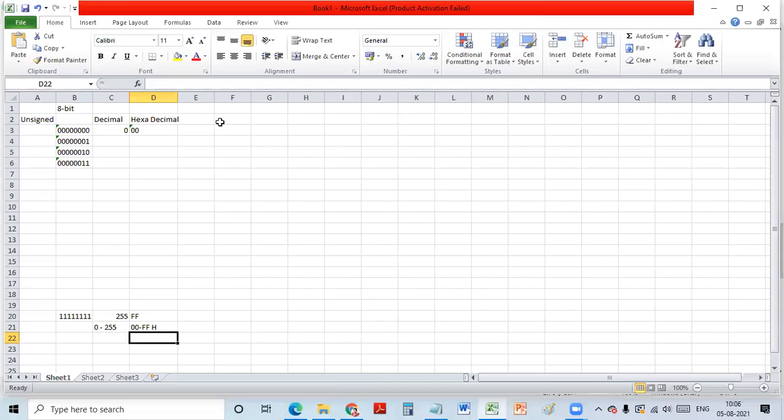Now, if I come to signed numbers, in the same 8-bit case we'll be having both positives and negatives. To have the first positive minimum, I start with 0, all 7 zeros, and positive. So this is positive 0, plus 0.